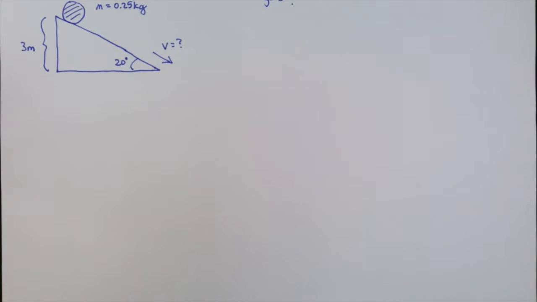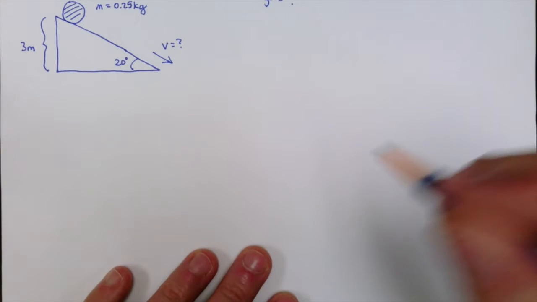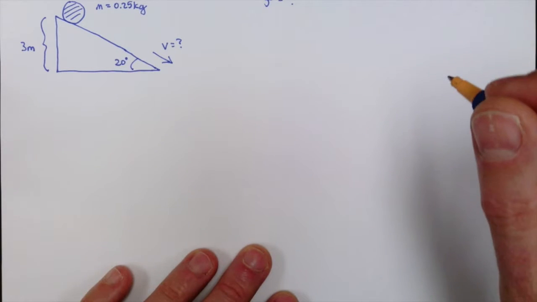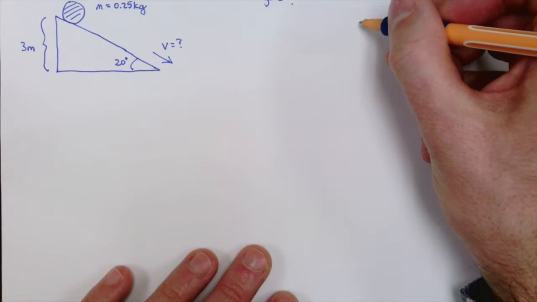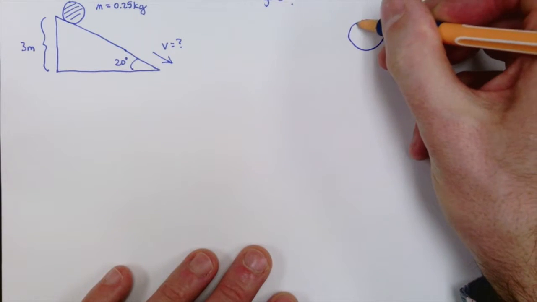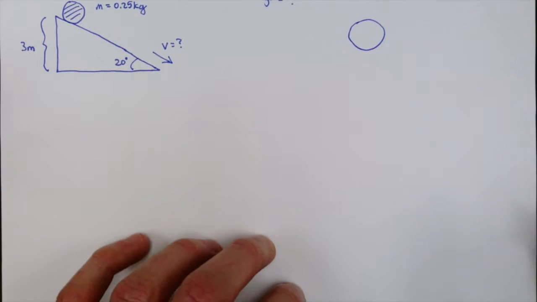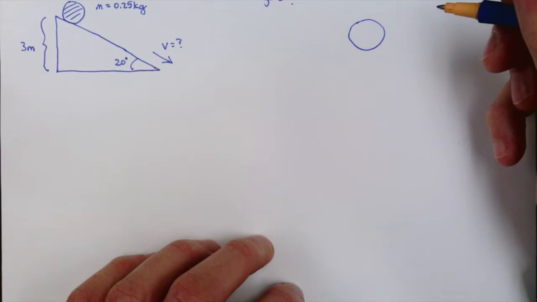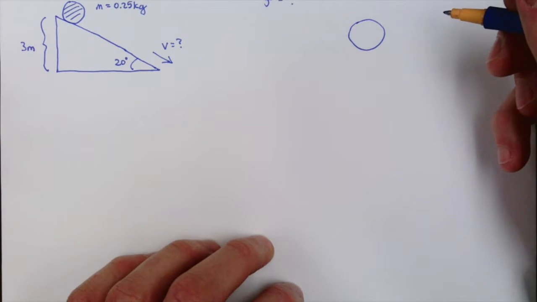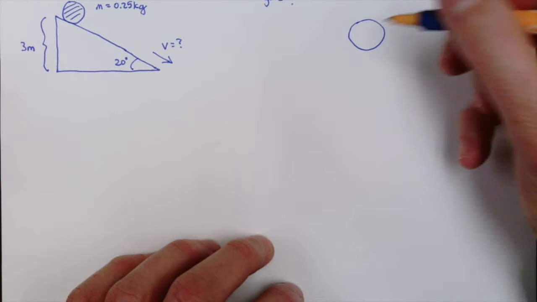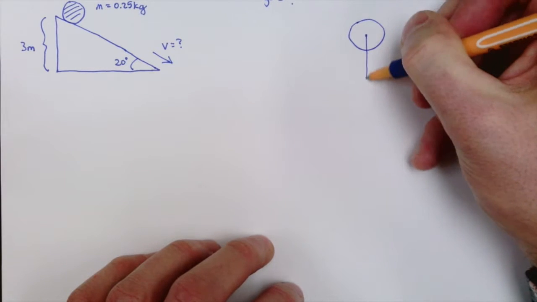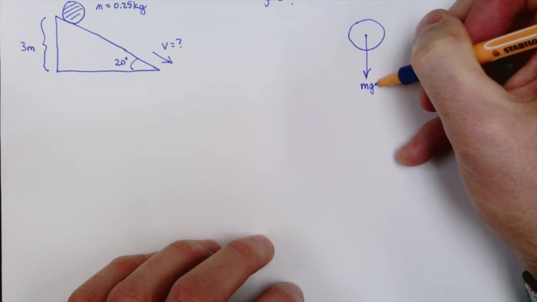There are several ways that we can do this, but let me show you a method using torque. So I'm going to draw a free body diagram of the disk that I can use with the torque equation. That means I need to draw all of the forces that are acting on it at the exact location that they're actually being applied. Certainly there's a force of gravity acting on the disk.